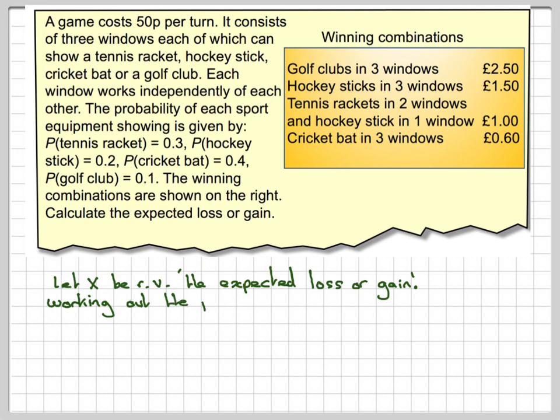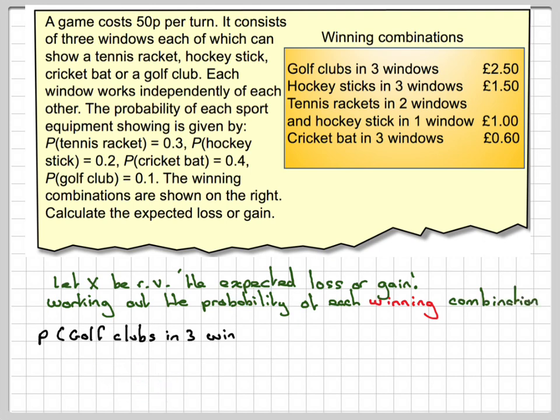if we now work out the probabilities of each winning combination, the probability of golf clubs in 3 windows is just 0.1 cubed.